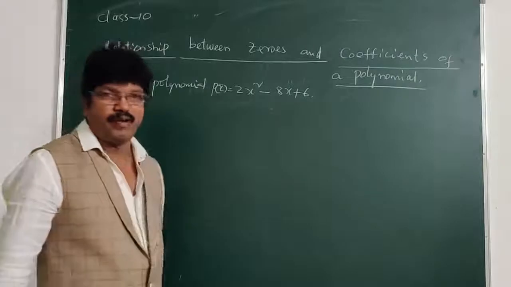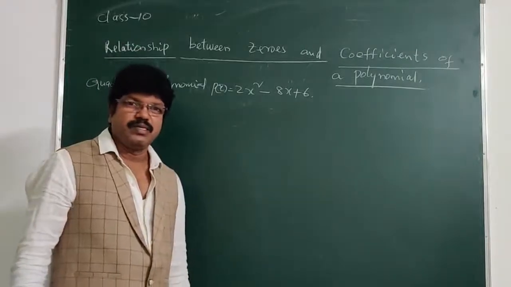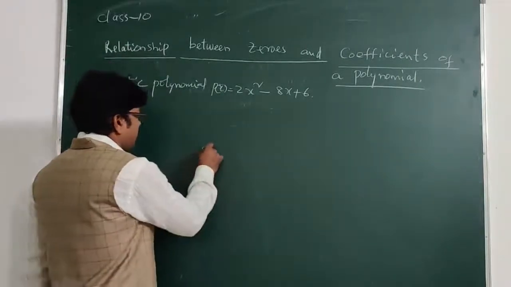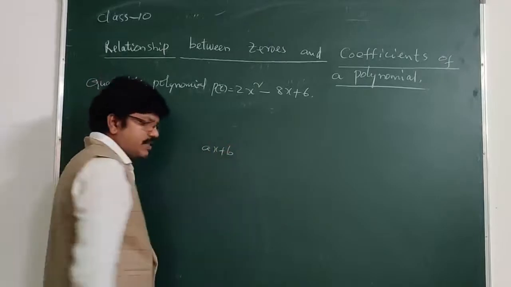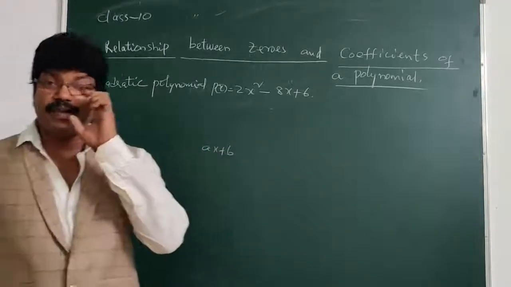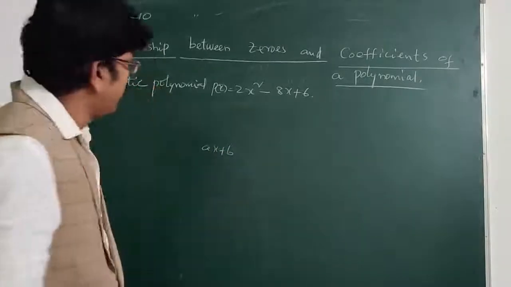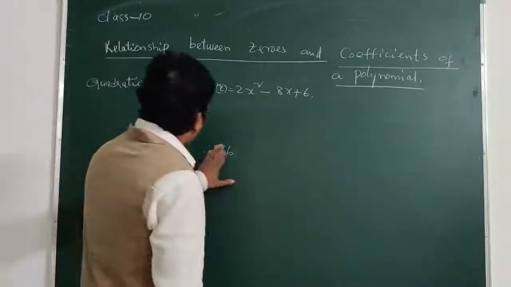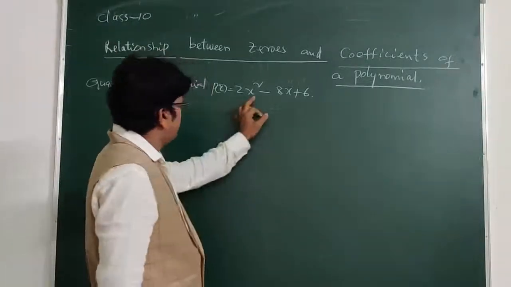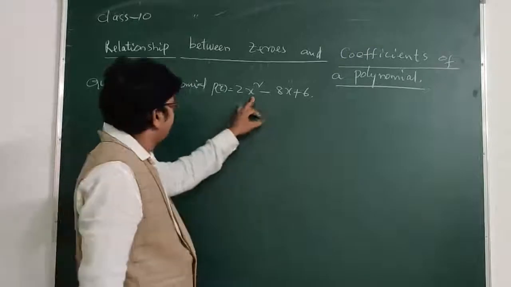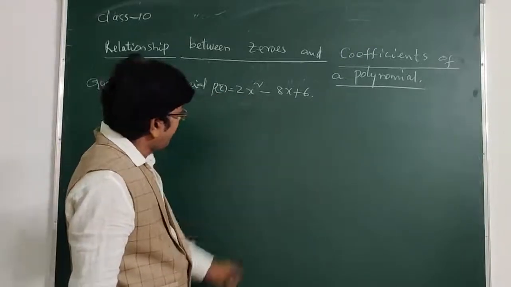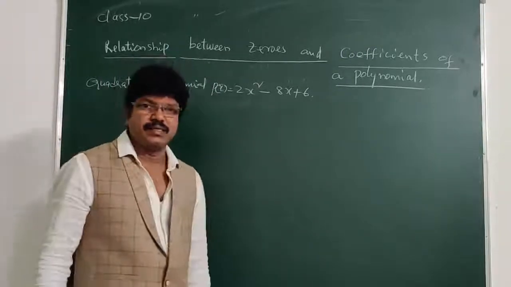A quadratic polynomial, as opposed to the linear polynomial of the form ax plus b. Here, the quadratic polynomial is p of x equal to 2x square minus 8x plus 6.